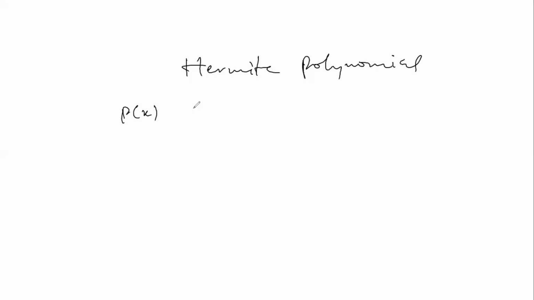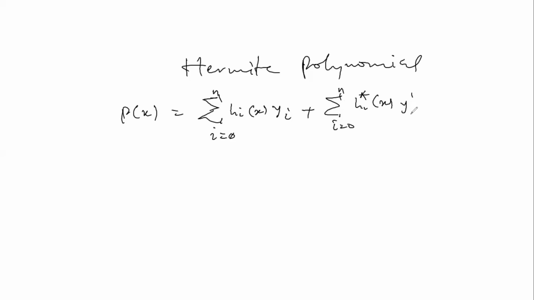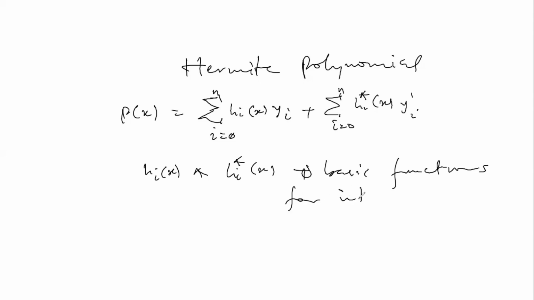And here we see that the polynomial is given as the summation, for which i takes on values from 0 to n, h sub i of x, y sub i, plus sigma, i taking on values from 0 to n, h sub i asterisk of x, y prime, which is the derivative. So now the h sub i of x and h sub i asterisk of x are the basis functions for interpolation.